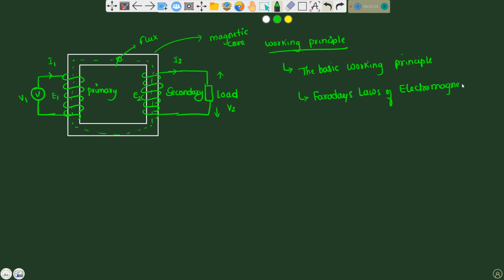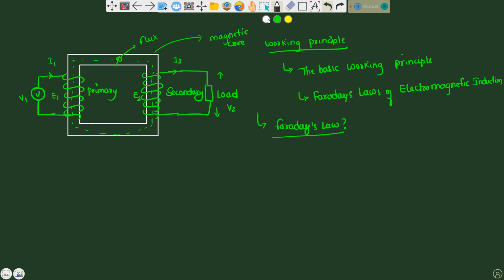So here, what is Faraday's law? Let's see.